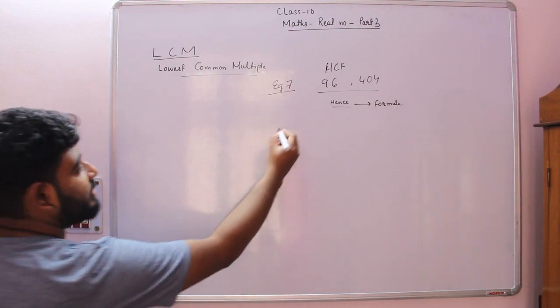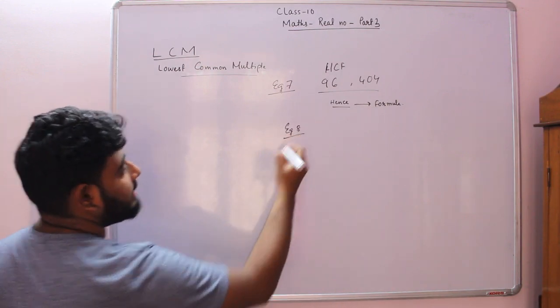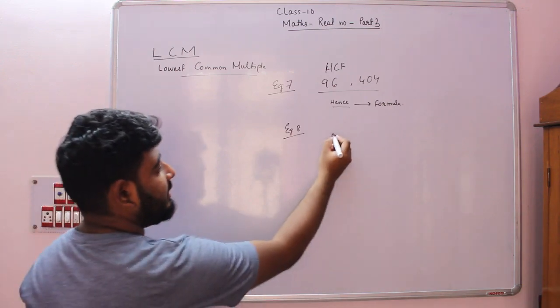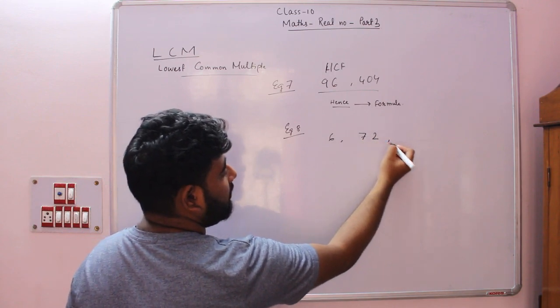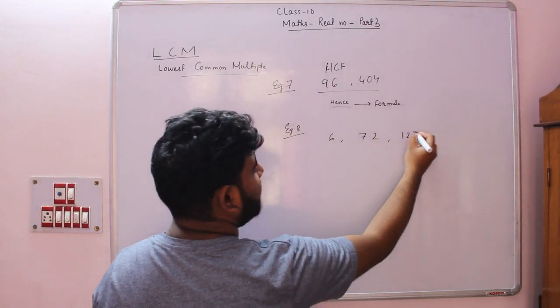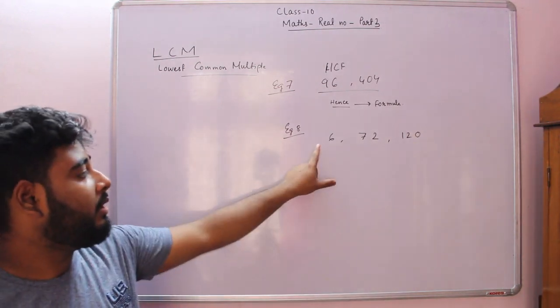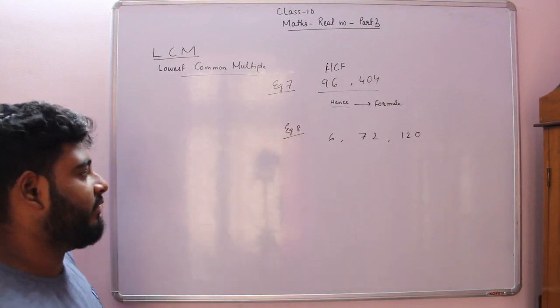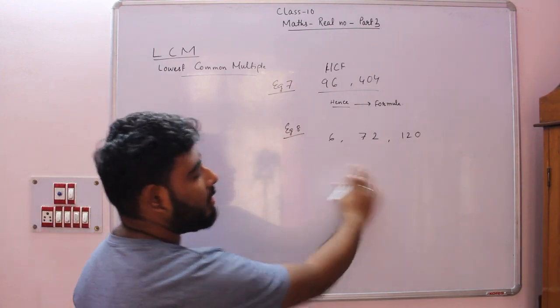And see example 8, which is also similar. Here three numbers are there: 6, 72 and 120. You have to find both the HCF and LCM. Now there are three numbers, so you cannot use the formula.